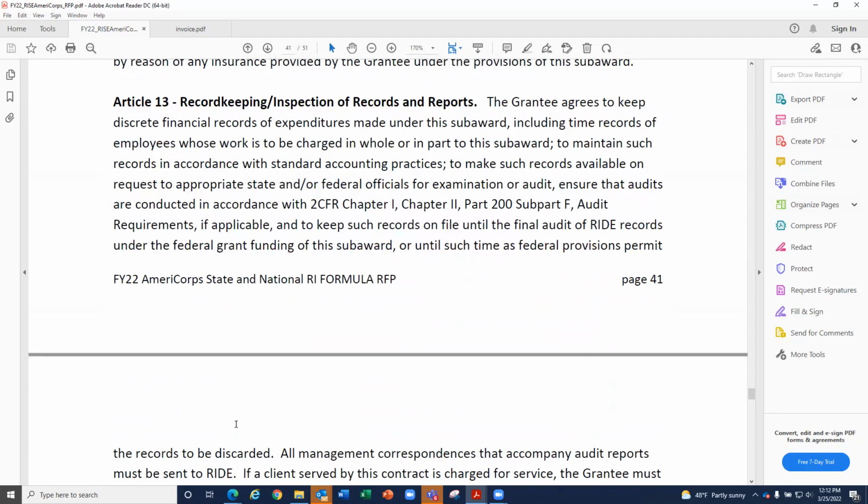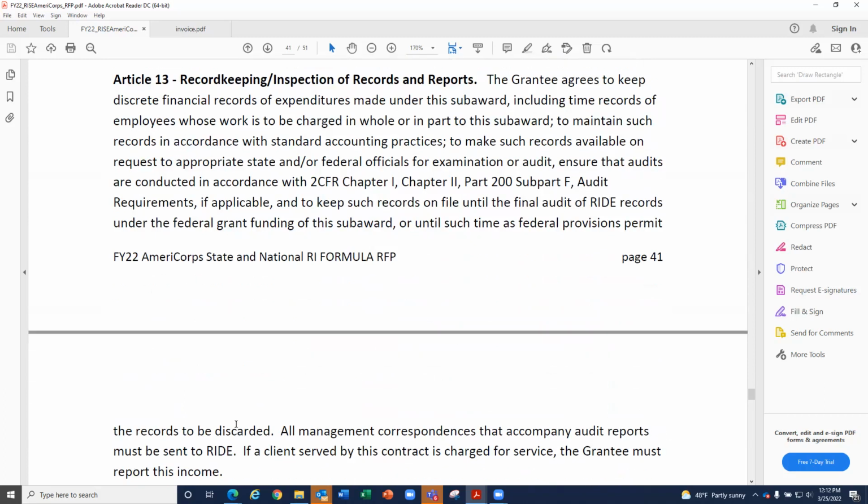One thing to recognize also here is record keeping. So this is a federal award. It's also an award with the state, and there's an expectation that financial records around the data that you collect to show the results of your work, and also records pertaining to the Americorps members themselves, what we commonly call an Americorps member file.